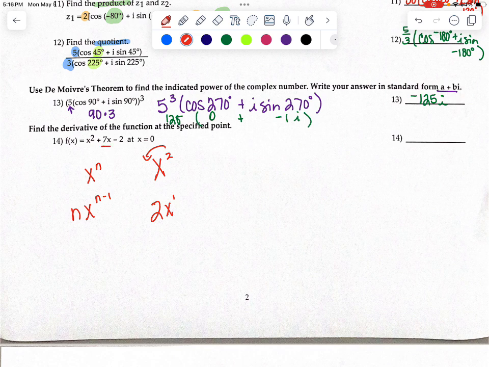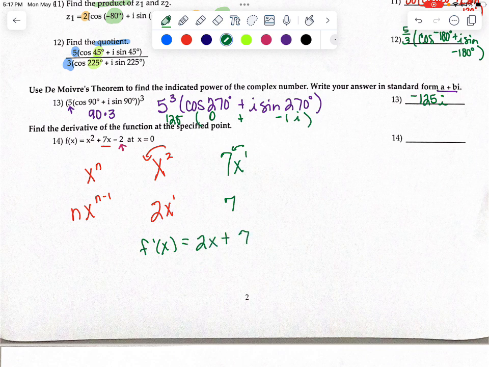Now with the 7x, same thing works there. We know there's a 1 there, so whenever I bring it down, that's just 7. And whenever I do 1 minus 1, that's to the 0 power, or just a 7. And as we talked about, the constant rule, whenever I find the derivative of anything that's just a number, it's a 0. So that means the derivative of f of x is 2x plus 7.